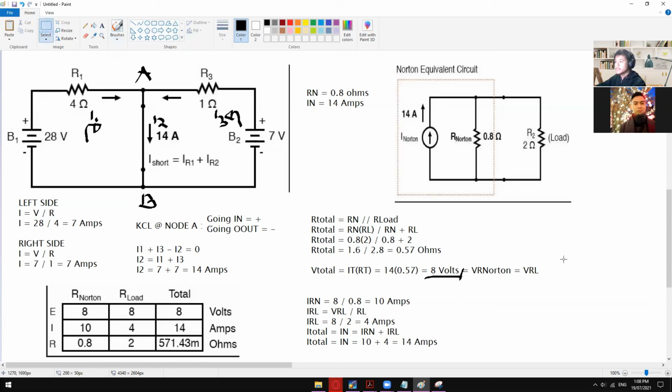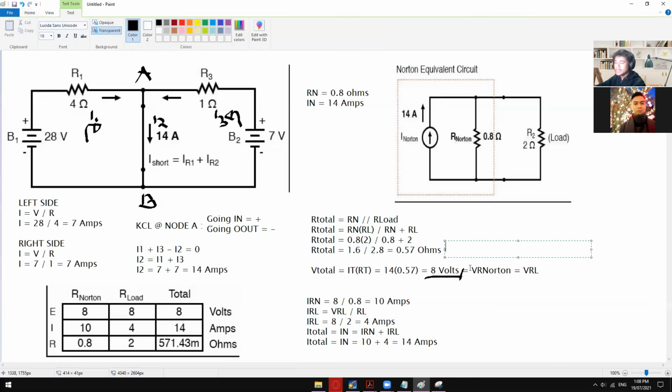So in here, if you want to have the milliohms value, just multiply this ohms value by 1000. So in here we have 0.57. Just multiply that one by 1000, and then you will get 570.